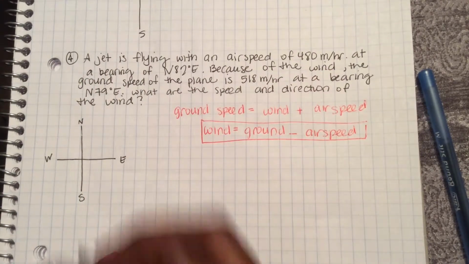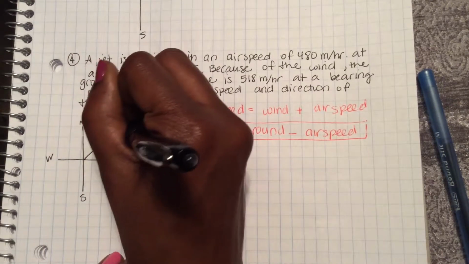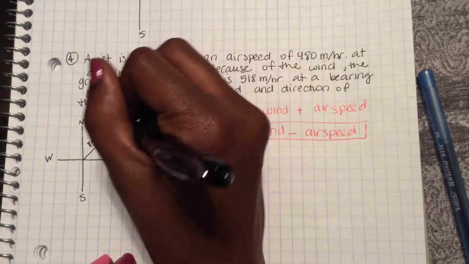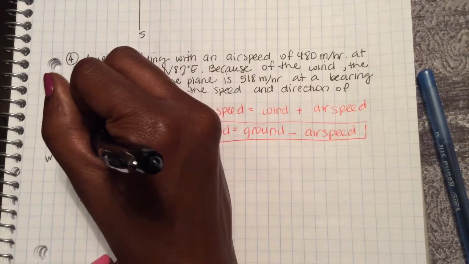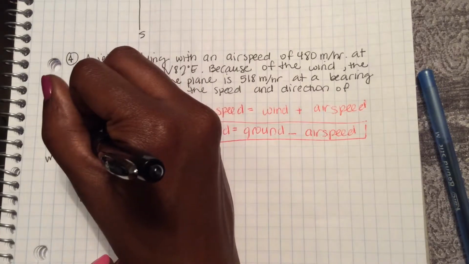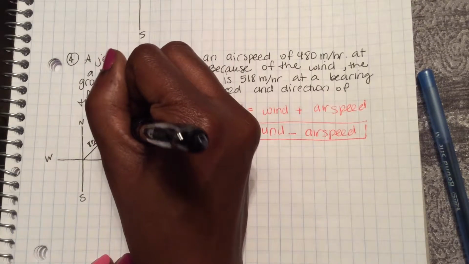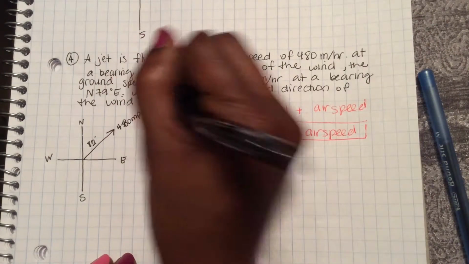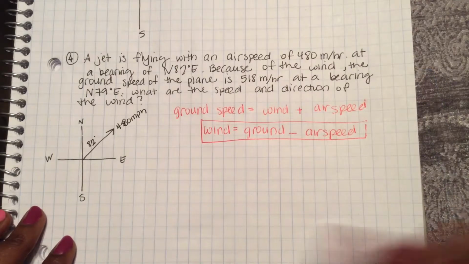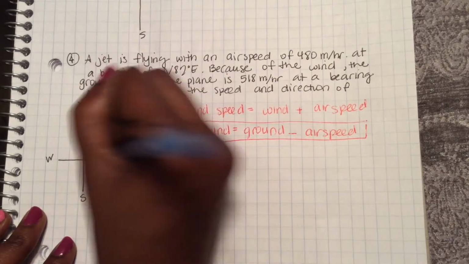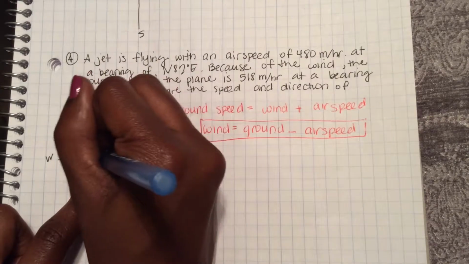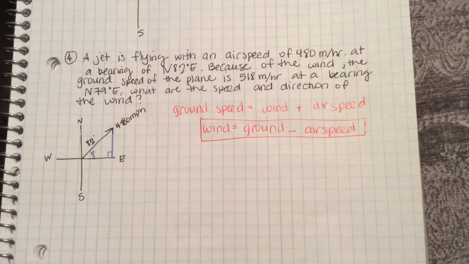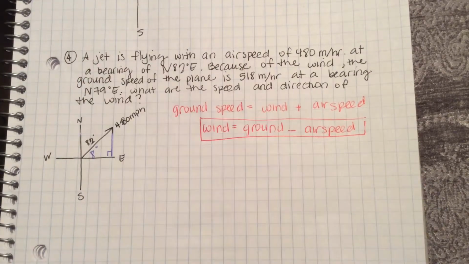Airspeed of 480 miles per hour at 82 degrees east of north. So I can draw a right triangle. If this is 82, 90 minus 82 is 8 degrees.